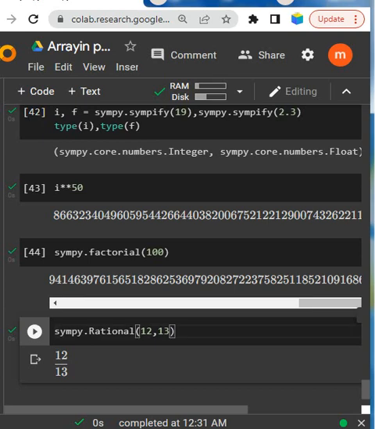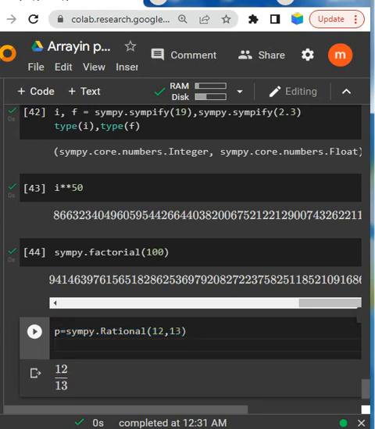So let's see, I am going to create one variable, p, and the second variable, q.